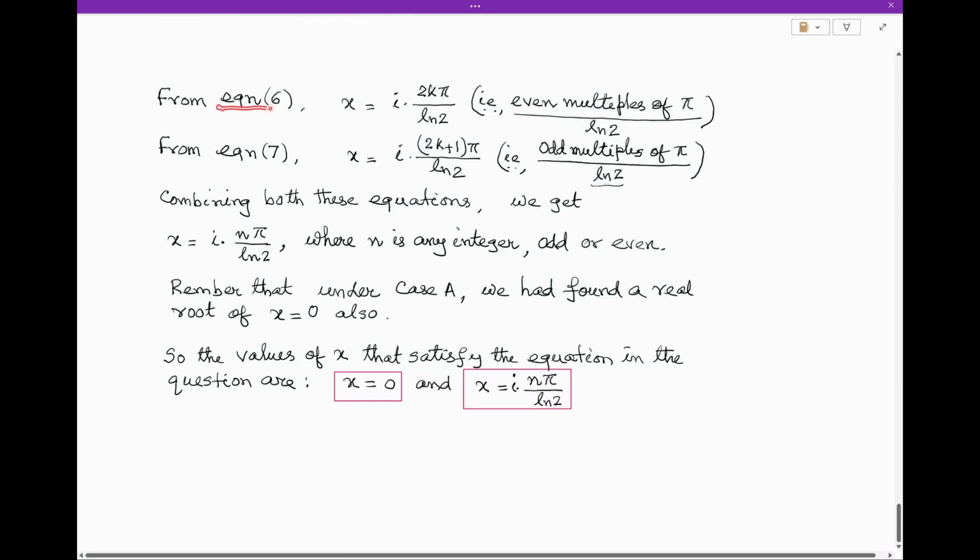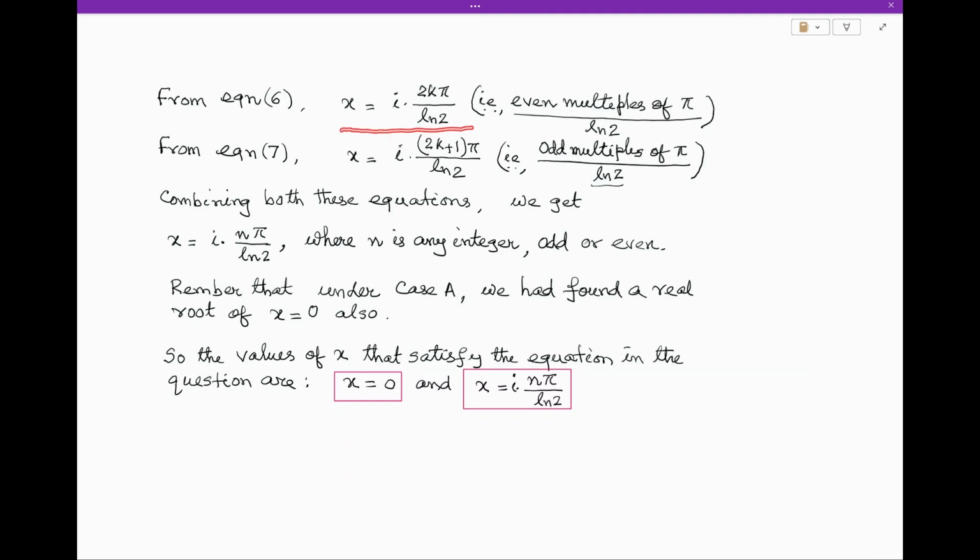From equation 6, we get x is equal to i 2k pi by natural log of 2, that is even multiples of pi divided by natural log of 2. From equation 7, we get x is equal to i multiplied by (2k plus 1) pi divided by natural log of 2, that is odd multiples of pi divided by natural log of 2.